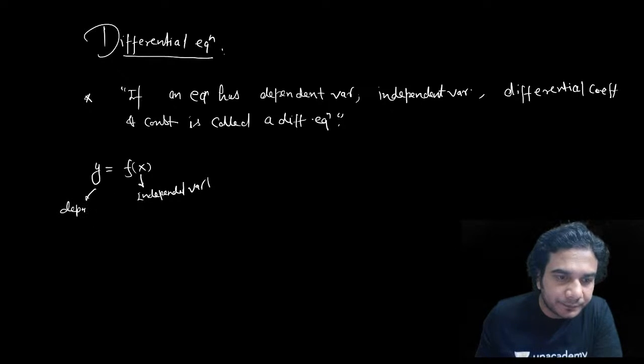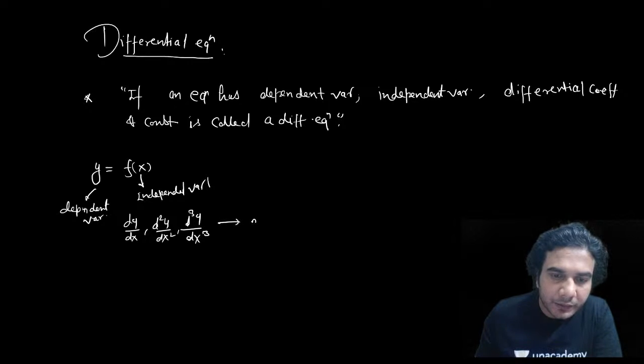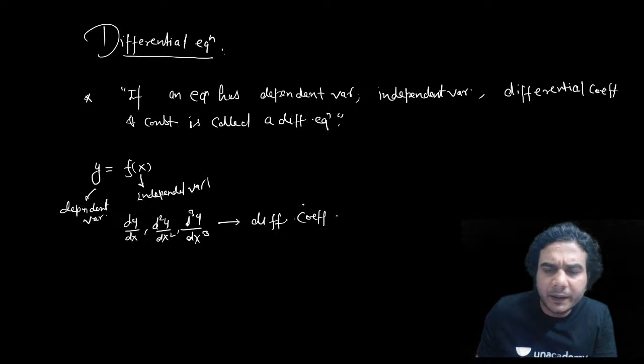Okay, and differential coefficient means like dy by dx, d2y by dx2, d3y by dx3. These terms are called differential coefficients. Okay, differential coefficients or derivatives, you can say. Okay, derivatives of any order. Derivatives of dependent variable with respect to independent variable, I have written here, and constant, you know.